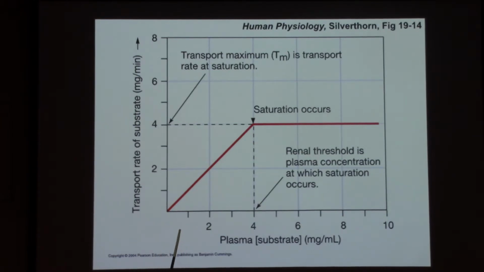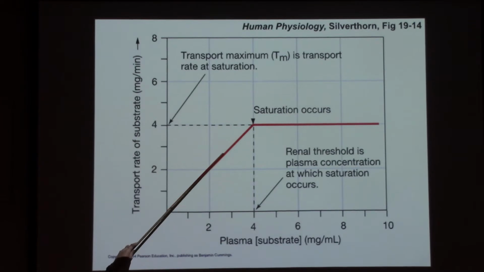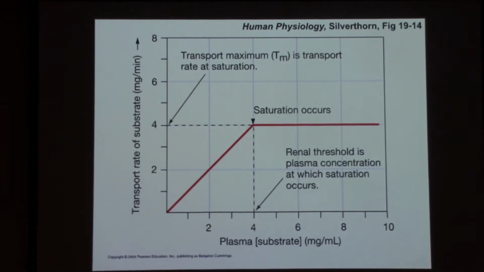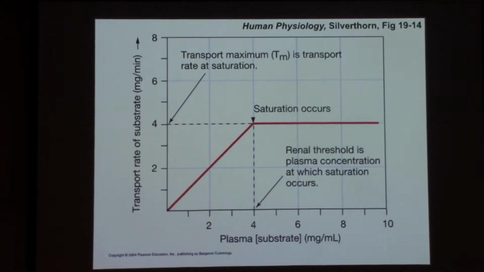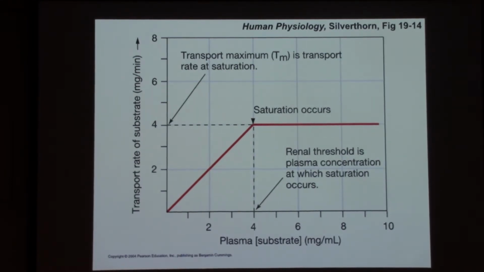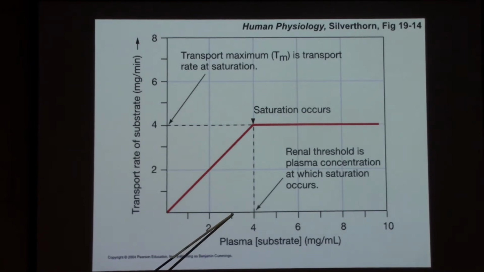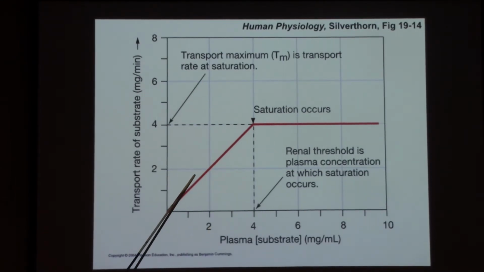So the more substrate you've got in the blood, as that increases, the rate of transport, reabsorption, also increases. There's more available, you're going to reabsorb more of it. Right? So you've got a higher concentration of the substrate in your blood, you filter more of it, there's more in the tubule lumen, you can reabsorb more of it. And that's what we see with this relationship. Plasma substrate concentration goes up, the rate of transport goes up.